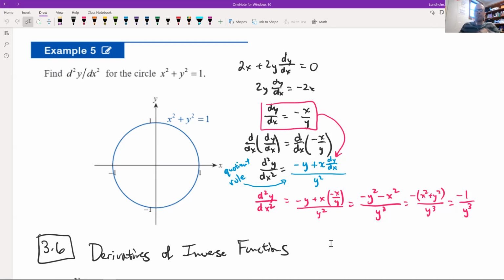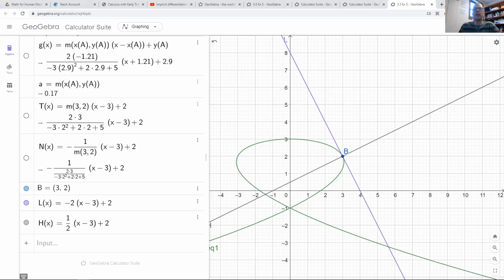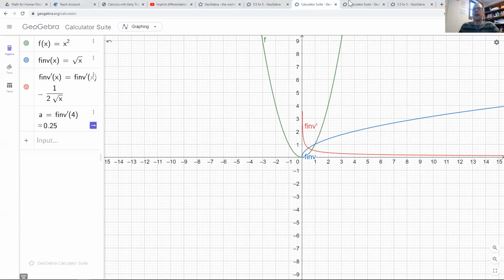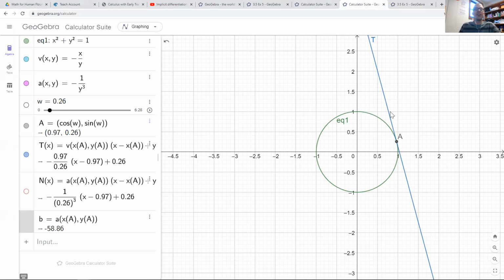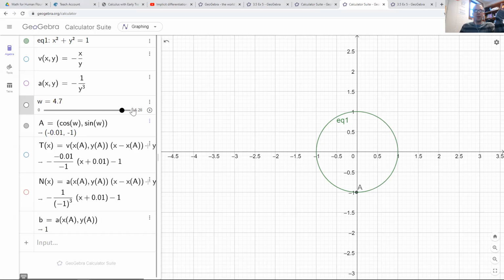And so, yeah, I think that I made a GeoGebra thing for this. So we could take a look at it quickly. Oh, here it is. Cool. All right, so here's our unit circle. I plotted a point using the cosine and sine of an angle, W. W goes from 0 to 2 pi.